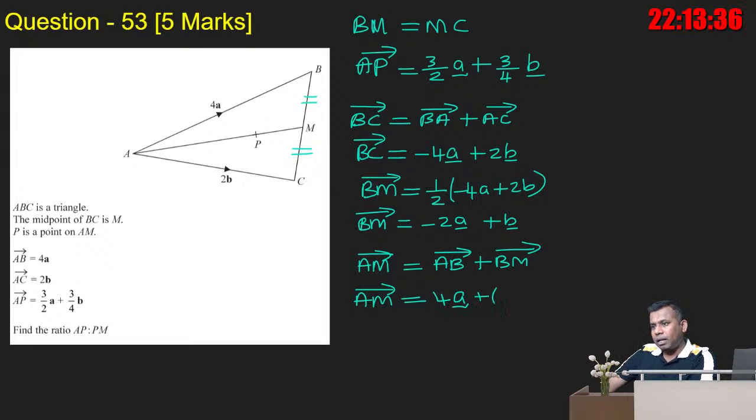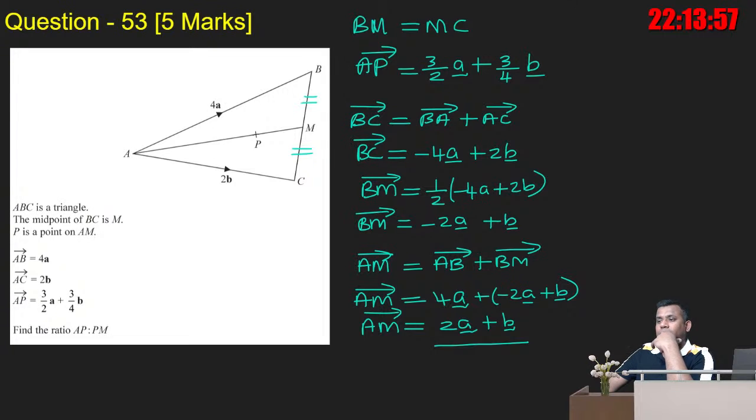So I put plus minus 2A plus B. That will simplify to 2A plus B. So A to M vector is 2A plus B.